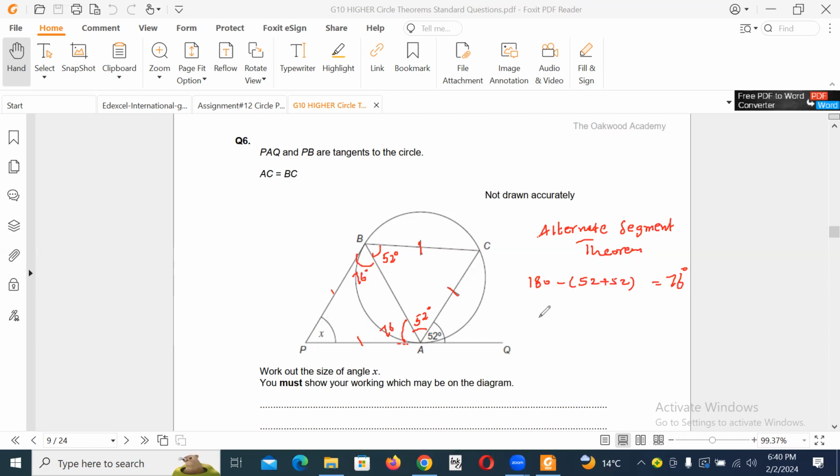So now we can easily find x. 76 plus 76 gives us 152, and x plus 152 is equal to 180. So x is equal to 180 minus 152, which is 28. So our required angle is 28. I hope it is clear. We'll continue in the next video after these questions. I hope these questions will be helpful for you guys.